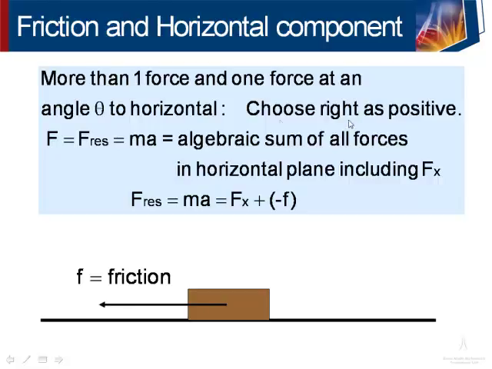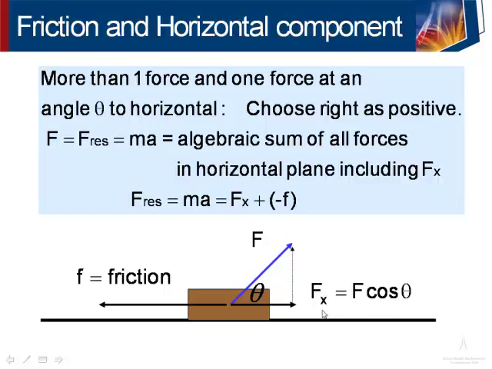Remember, we've chosen right as positive, and therefore friction will be a negative value, and so friction can be represented as negative F. Now we need to calculate all the forces in the horizontal plane, and since the applied force is at an angle theta to the horizontal, we can use components of forces to calculate this horizontal component of this applied force.